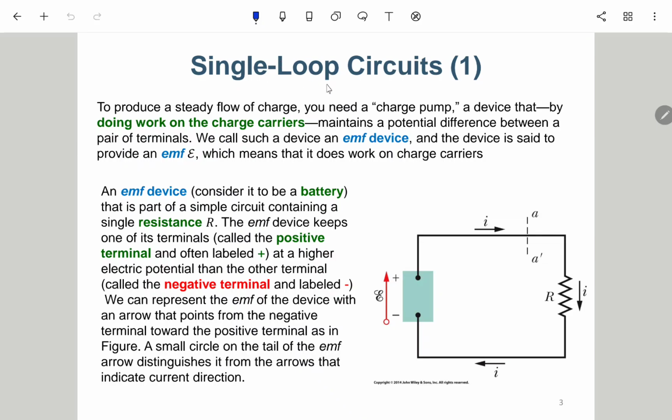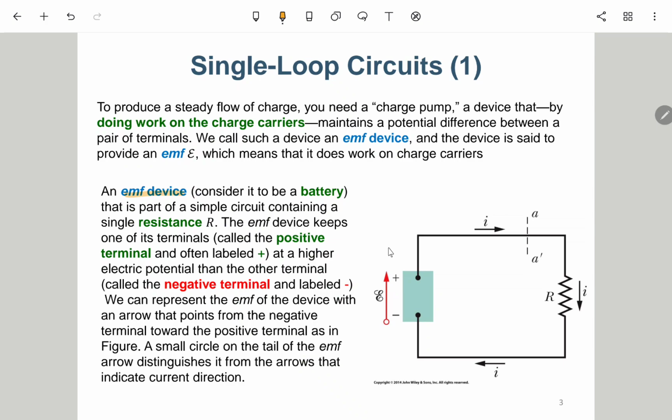So here is the single loop circuit, as you can see in the figure. I don't try to read through the whole thing. The circuit is as simple as this: a single loop circuit, which means we only have a loop, and within this loop we have a battery, or we can say an EMF, the electromotive force.